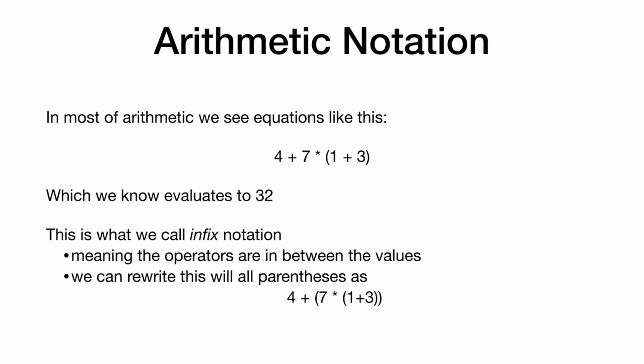But if we only knew that parentheses came first, or to force a different order of operations, we could add extra parentheses around the 7 and the other operator and the other value. But this evaluates the same. Again, you process the innermost parentheses first, and then the next, and then the outside part has implicit parentheses, but we could draw those around here, right? So this is what we've always seen as arithmetic notation.